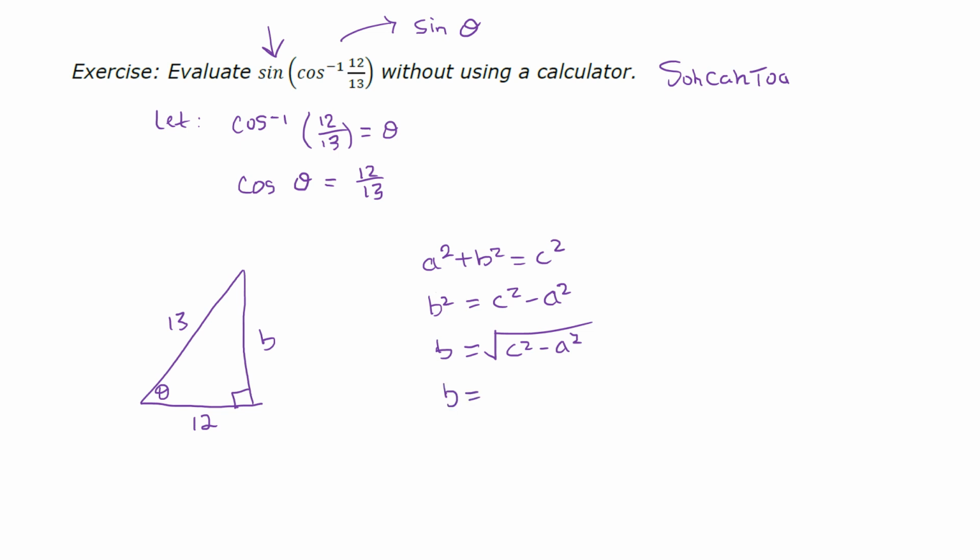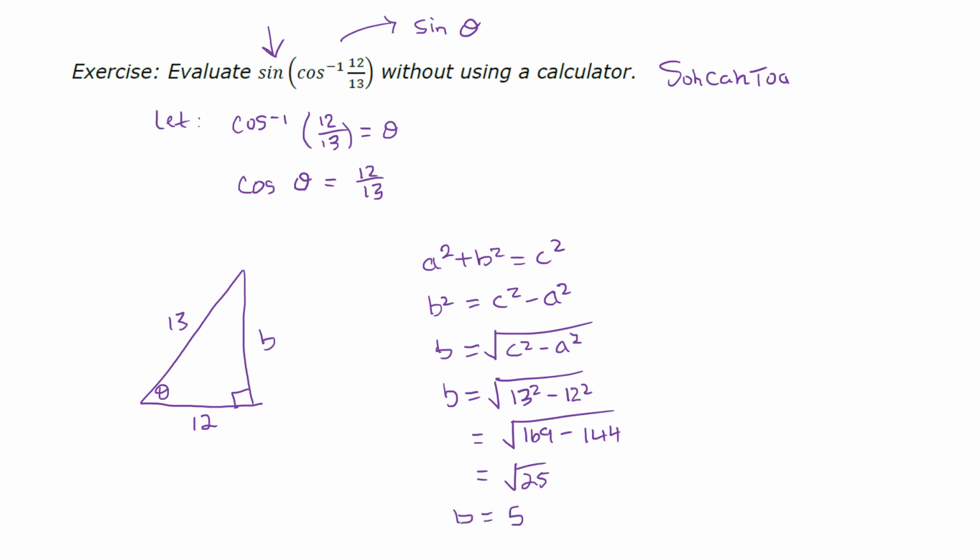So b equals the square root of 13 squared minus 12 squared. 13 squared is 169. 12 squared is 144. So if you subtract those values, you'll get 25. And so b then will equal 5.